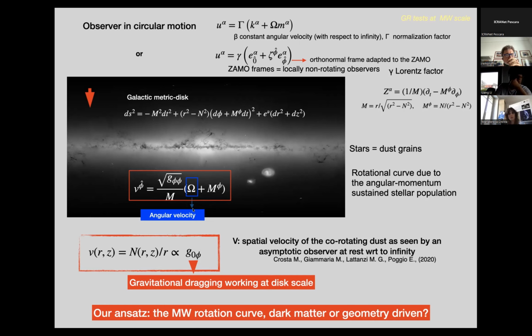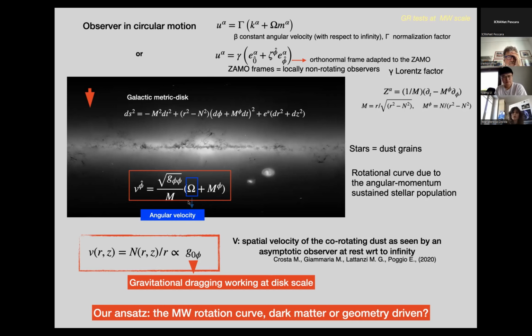When we compare these two expressions, in the final equation you can see there is a difference from the simple classical one, with only the angular velocity, because there are more terms related to the geometry. So this was our first ansatz, independent of the definition of the spatial velocity measured by locally rotating observers.